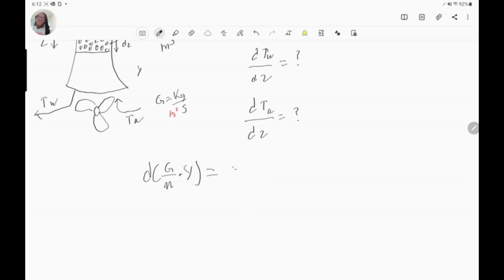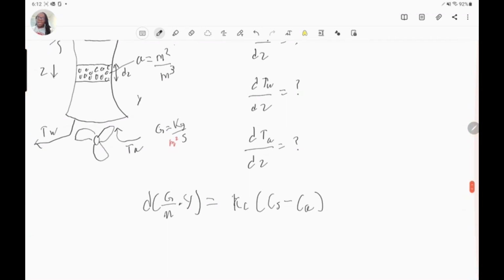From what we defined earlier, we know our mass transfer is equal to our mass transfer coefficient times our concentration at the surface, which is where our concentration of water is highest, so concentration at the surface, minus our concentration of water in the air. And for this, again, we're working with our packed area here, so we're going to multiply that in.